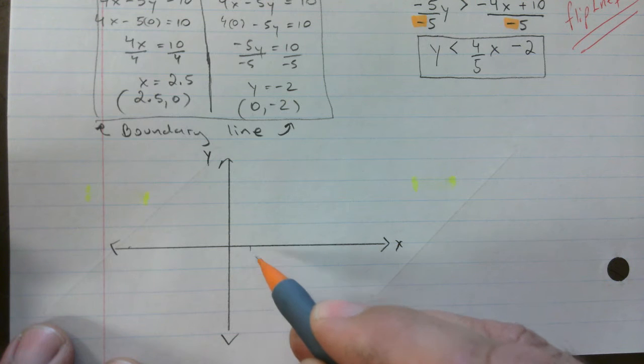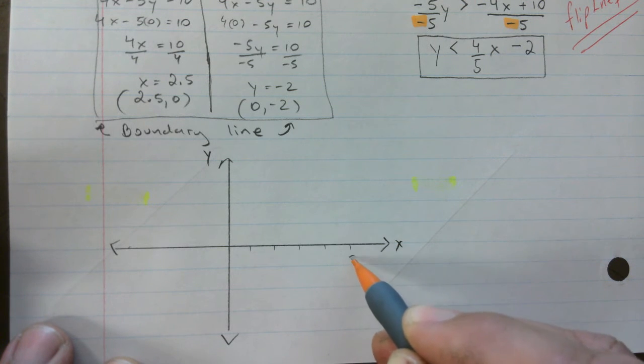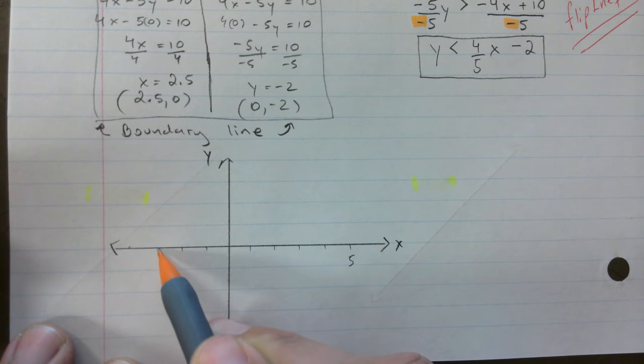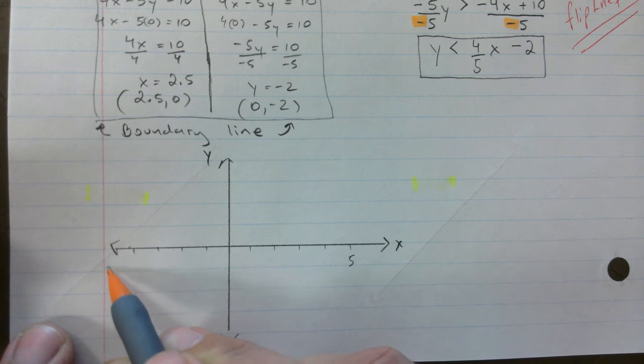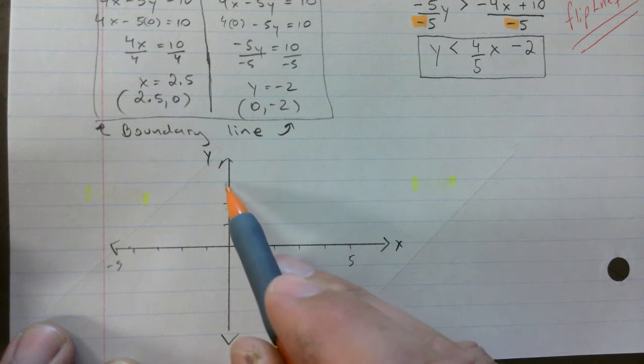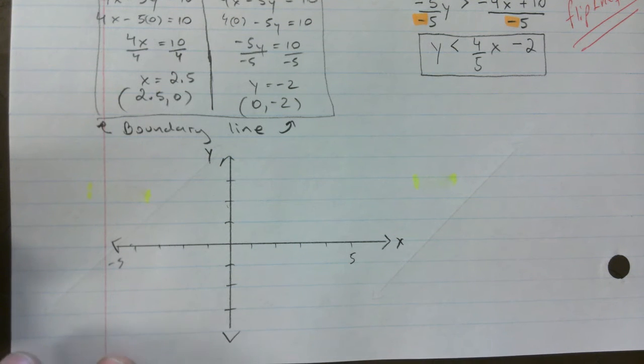I'm just going to go up by 1, 2, 3, 4, 5 that way. If you take Applied 40S next year, you're going to be really good at graphing by the time you're done with me. You're going to be excellent at that.